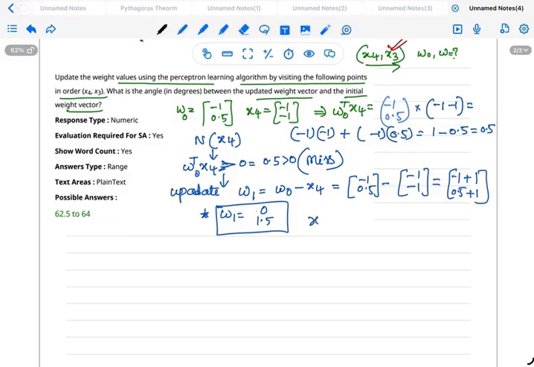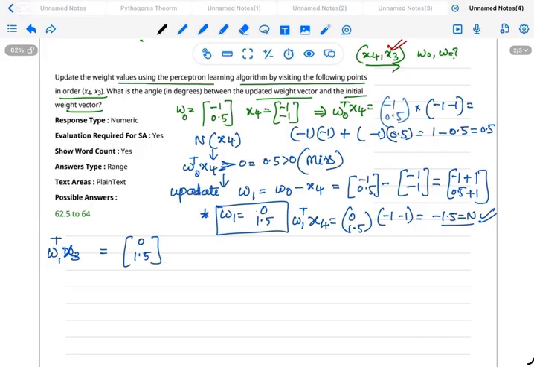And again we find W1 transpose x4. That equals 0, 1.5 dot -1, -1, which is -1.5, negatively classified, correct, no update. Next, the data point x3. W1 transpose x3 dot product: W1 equals 0, 1.5 and x3 equals -1, 1.